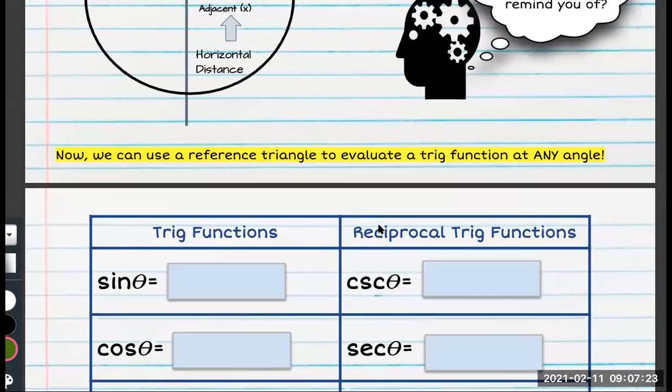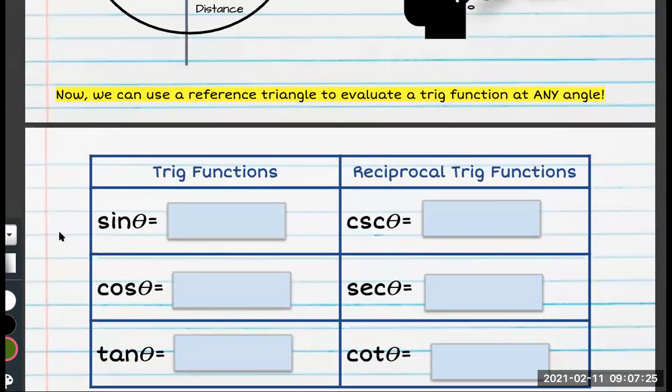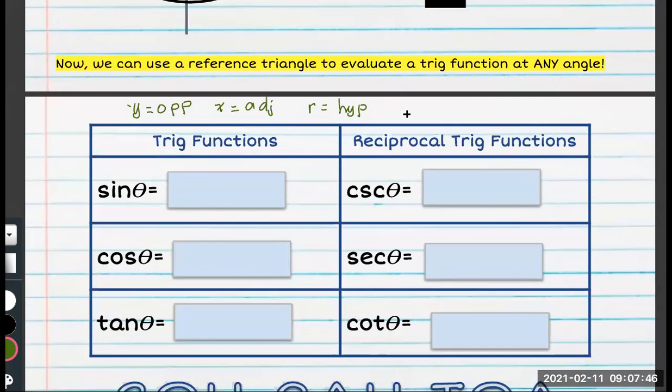So remember, y is the opposite side. X is the adjacent side. And r, the radius, is your hypotenuse. Okay? So remember your SOHCAHTOA?